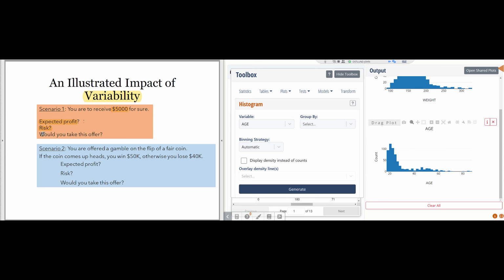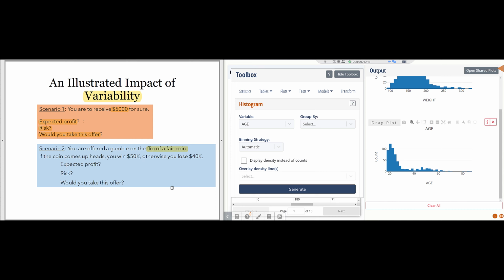And would you take this offer? I hope to goodness that you will say yes. So you walk into my office. I say, I'm going to give you $5,000. And you say, yes, thank you very much. And you take your $5,000 and leave. Now, another person walks into my office. And I say, okay, I am going to flip a coin, and I promise you that the coin is fair.